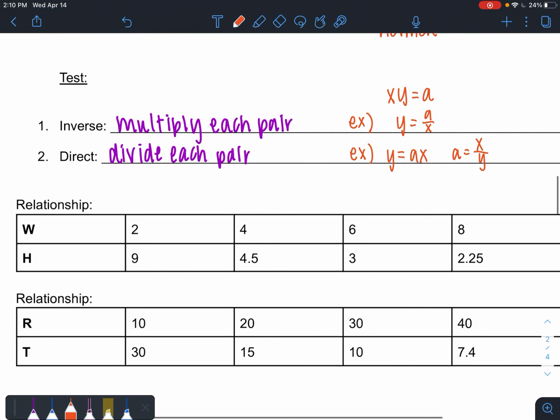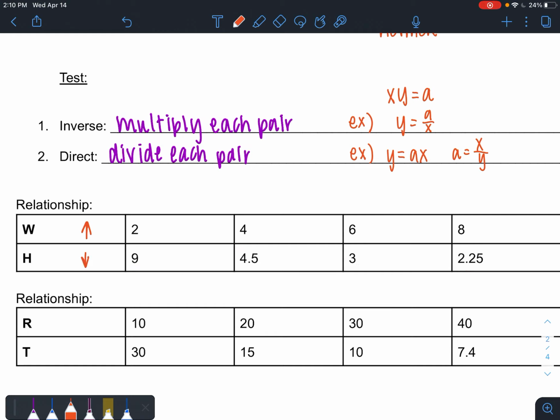So between these, let's look at our relationship. I've got 2, 4, 6, and 8. My numbers in the width are going up, but my height, 9, 4.5, 3, 2.25, all in order, are going down.